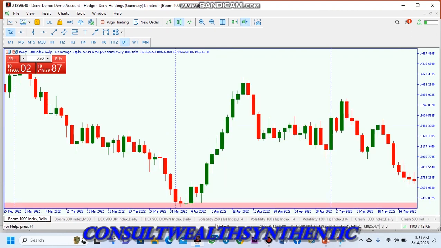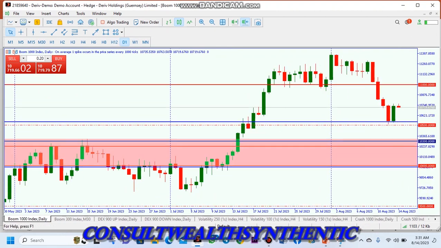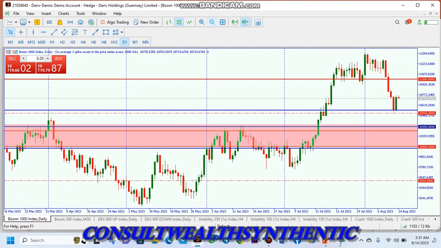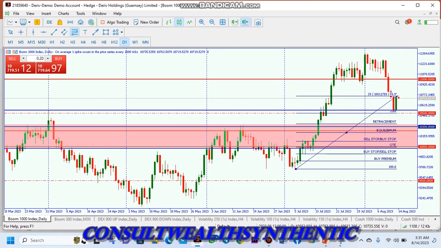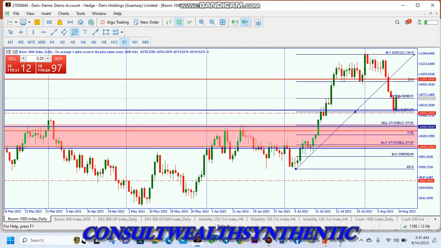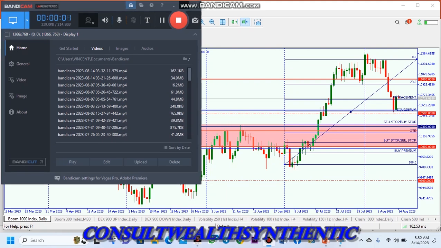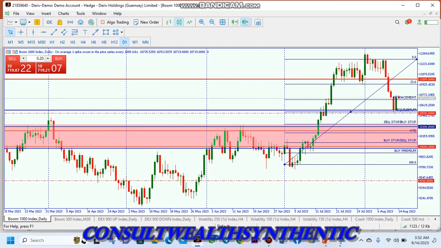So let's come to our daily time frame. Coming to the daily time frame, we see this happening. From here to here, see this retracement level, equilibrium.